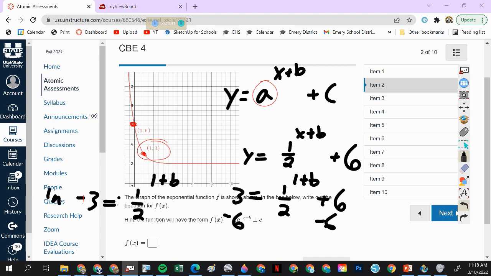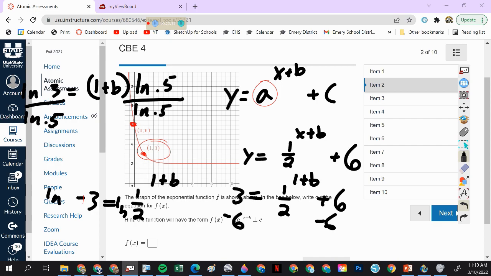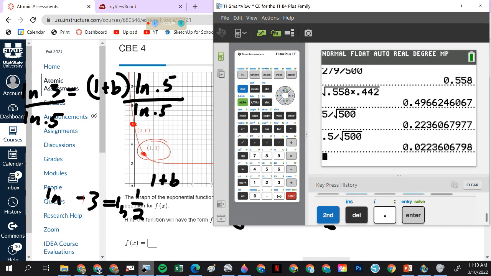So we ln both sides, and I get ln of 3 equals 1 plus b times the ln of 0.5. So we divide by the ln of 0.5, and I get ln 3 over ln 0.5. So ln 3 divided by the ln of 0.5.